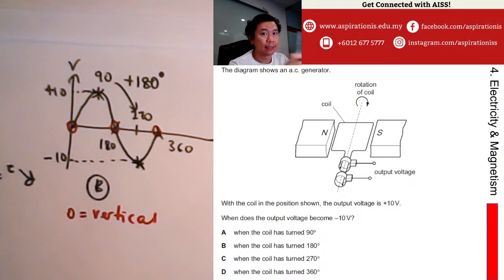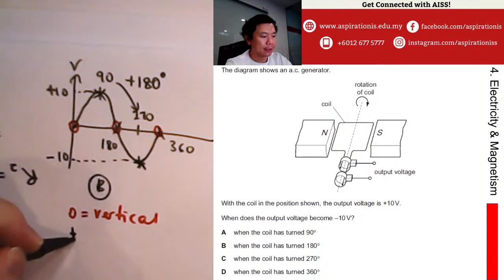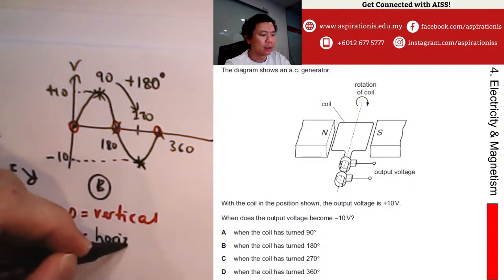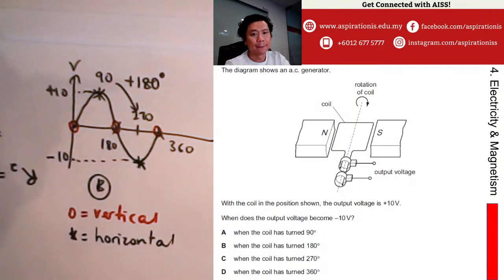Please make sure you do your revision. And for black, it's maximum EMF induced, and when it is maximum EMF induced, it is at the position where it cuts the most number of magnetic field lines, and that happens when the coil is horizontal.